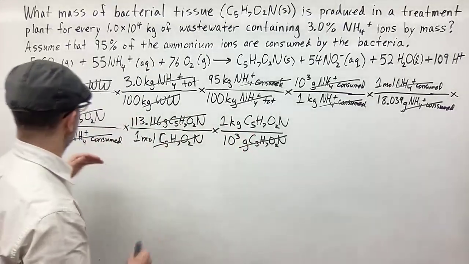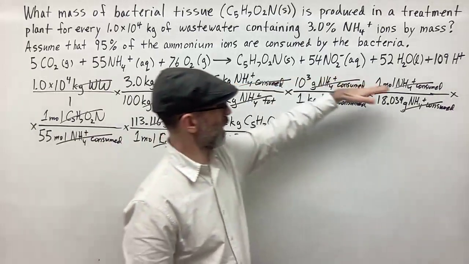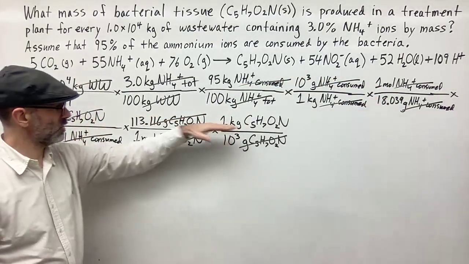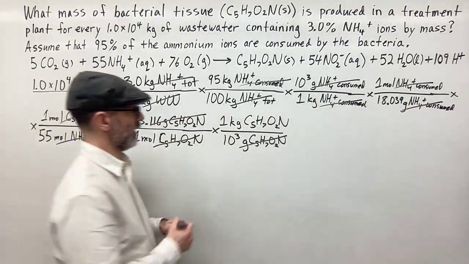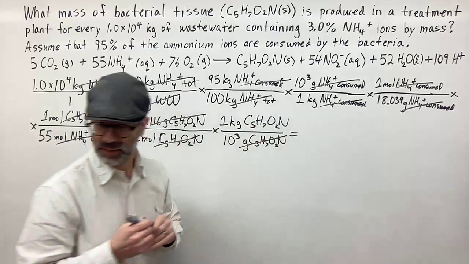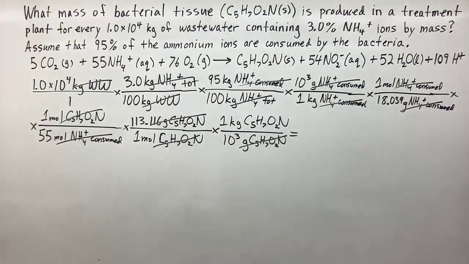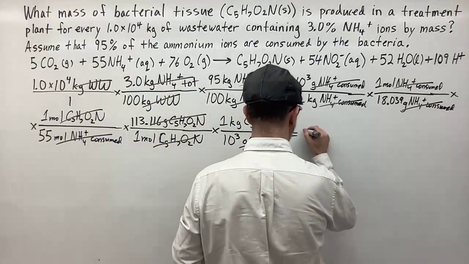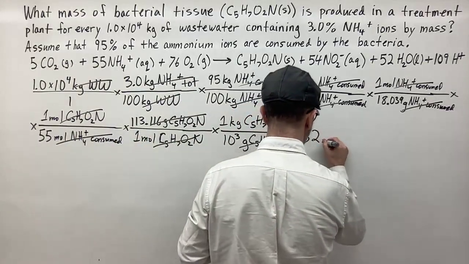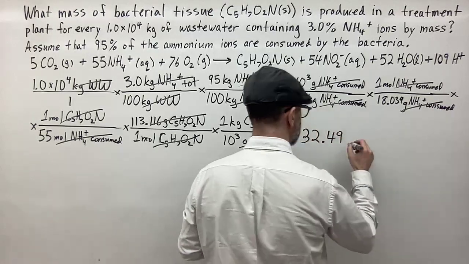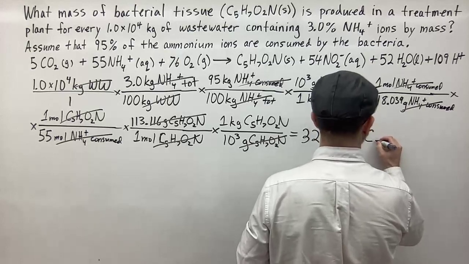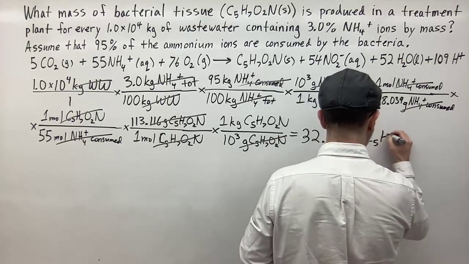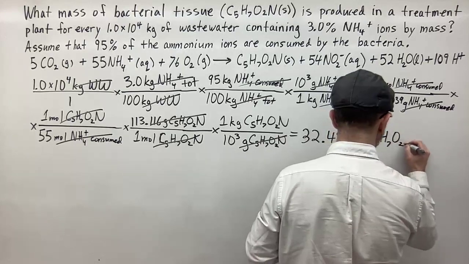So now all I need to do is multiply across the top of all of this stuff on top, divide by everything on the bottom, and I get my answer. And when I do that, I get 32.49 kilograms of the C5H7O2N.